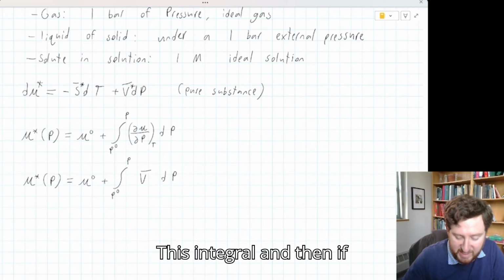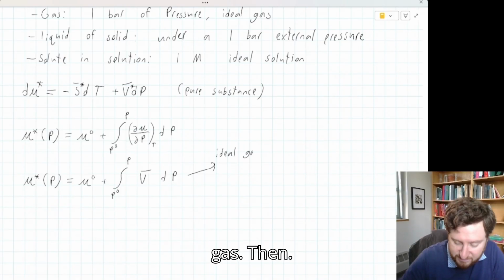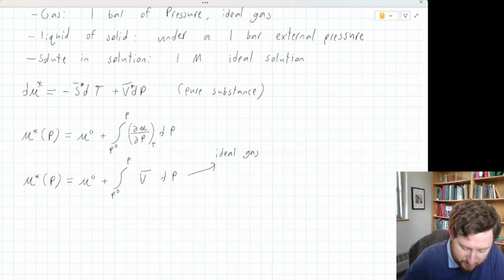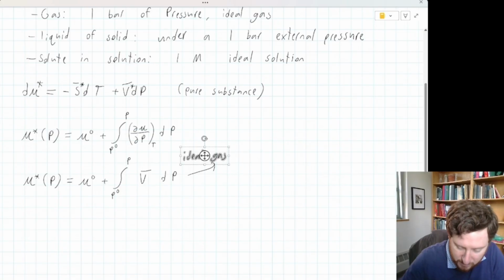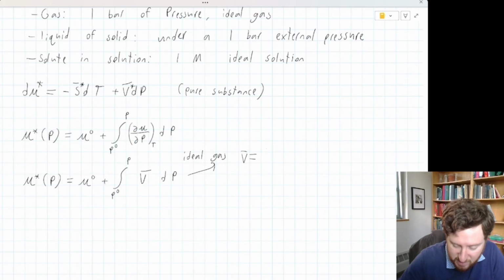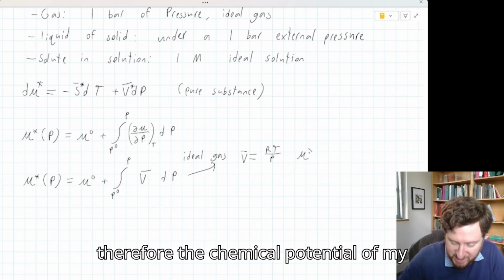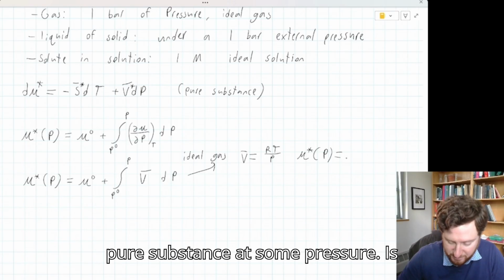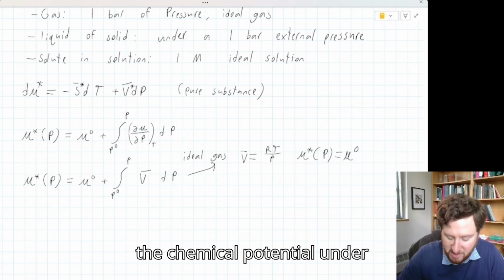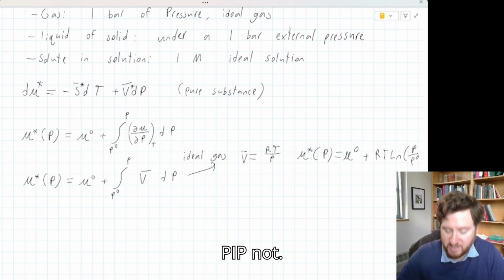And then if I assume an ideal gas, then V bar equals RT over P, and therefore the chemical potential of my pure substance at some pressure is the chemical potential under standard state plus RT ln P over P naught.